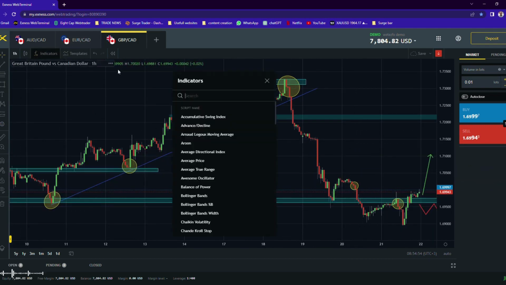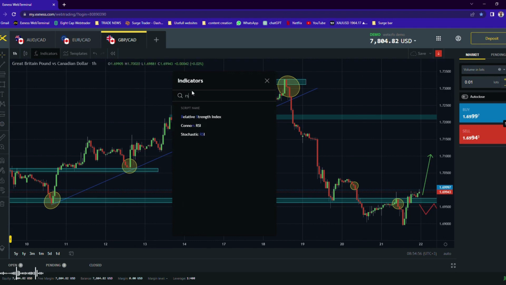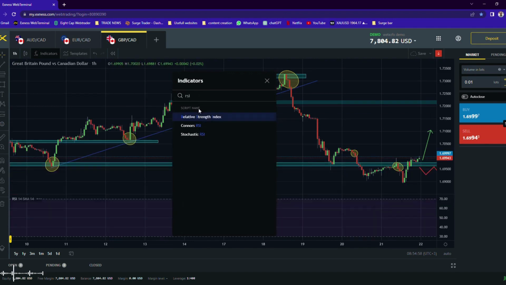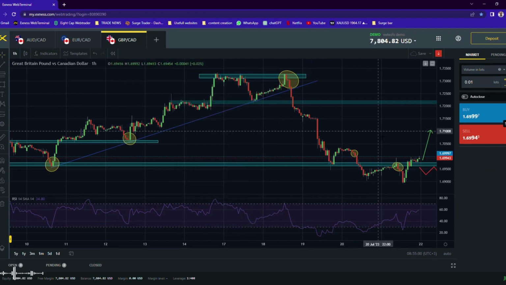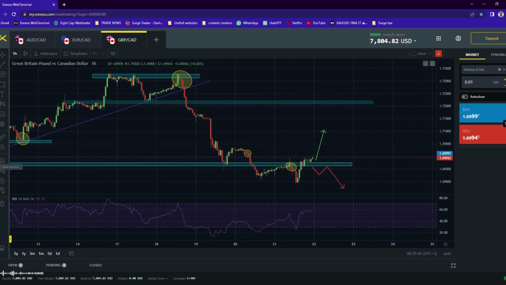Let's see if the RSI can give us some indication of the strength. This is good also, because the chart is pointing down, and we're looking at the RSI pointing to the upside. So this was a very big trend going down with big momentum.